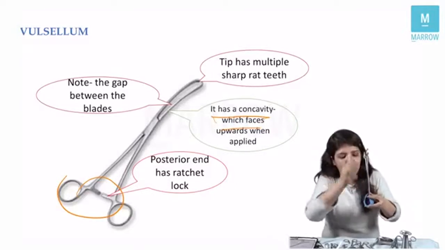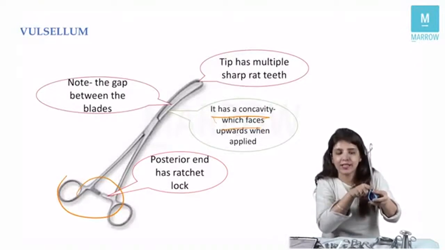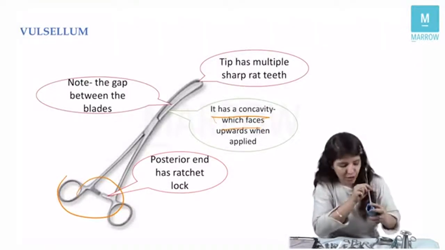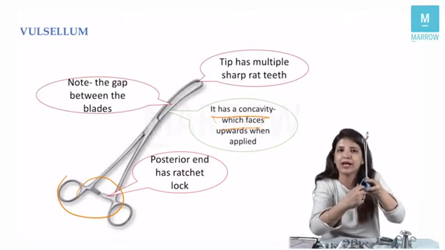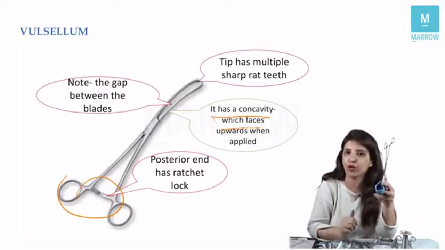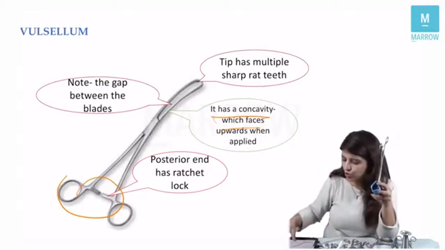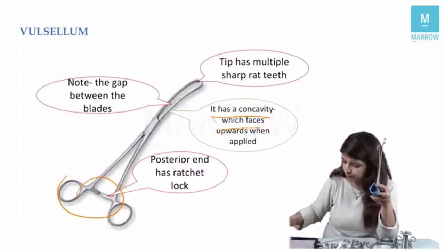I am targeting to look at the posterior fornix. This is the anterior part, this is the posterior part. So if I am holding the posterior lip, my aim is to visualize the posterior fornix and to do procedures through the posterior fornix.